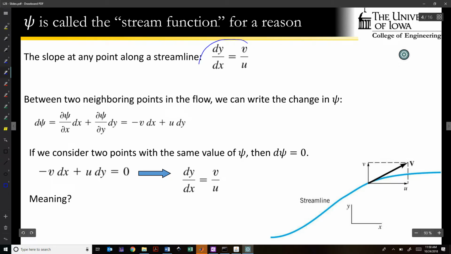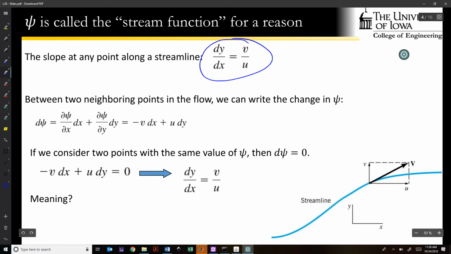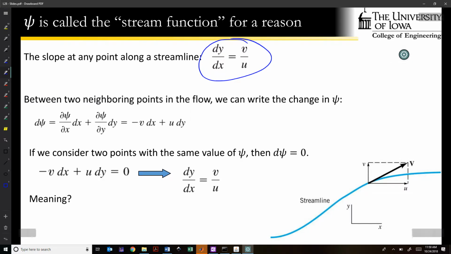We derived it from this expression right here, where we said that the slope of a streamline is equal to the ratio of its velocities in the vertical and horizontal direction. So by some math here that I'm just going to skip over, what we find is that if we try to track the change in the value of psi, or stream function, moving from one point to another along the streamline, we get that the change is 0.